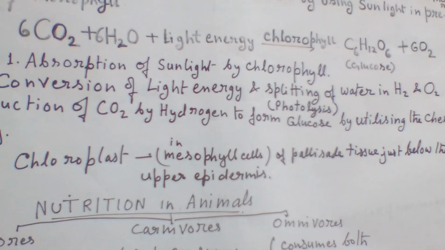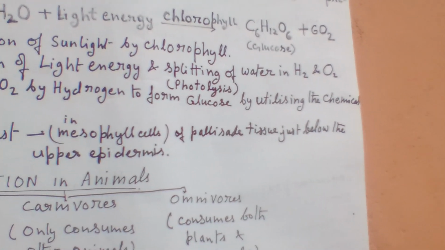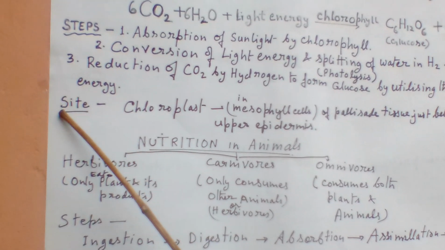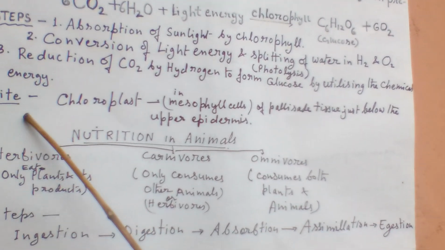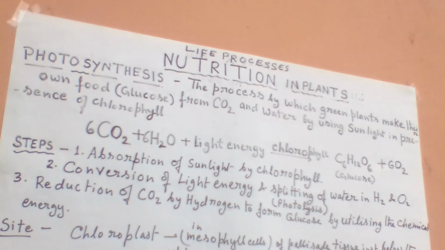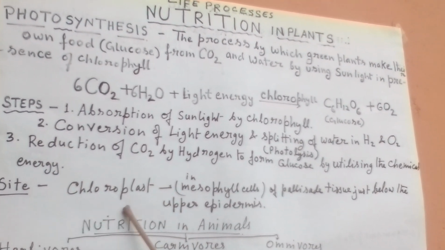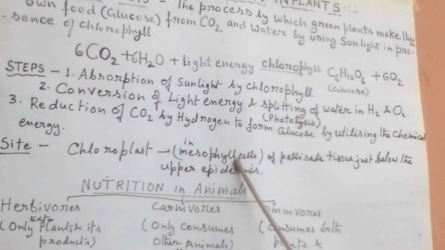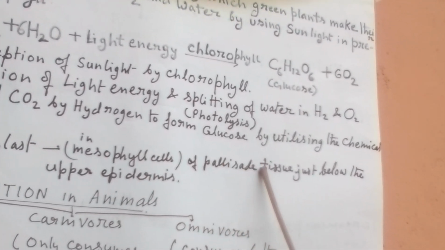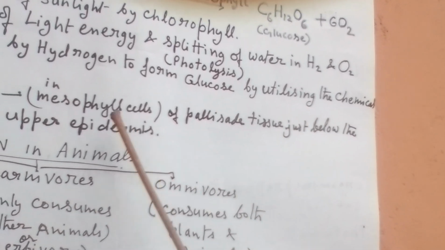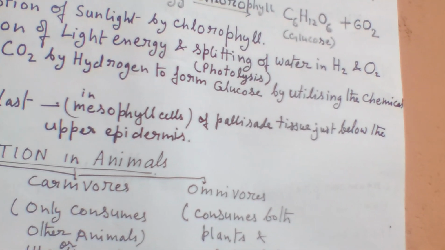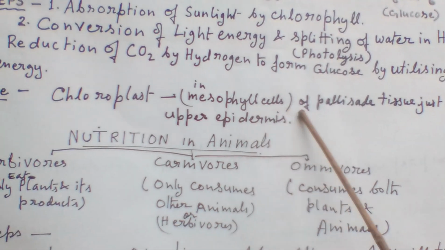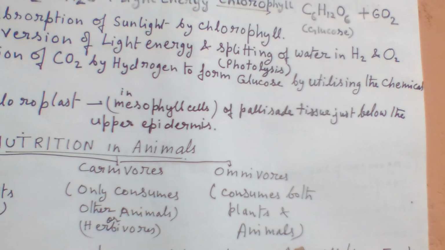Now the exact site of photosynthesis, where it occurs, is the green chloroplast cell present in the mesophyll cells or palisade tissue just below the upper epidermis of the leaf. So this is the location where photosynthesis takes place.